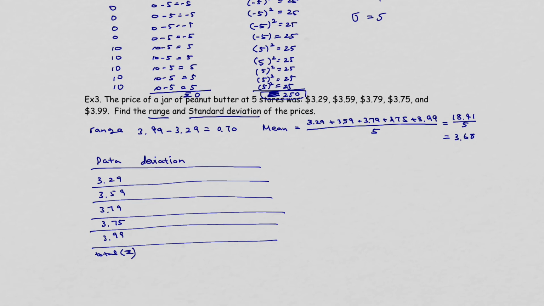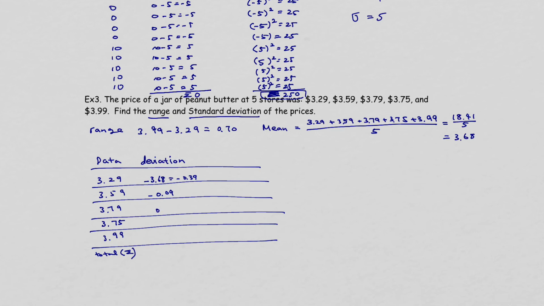How do we find deviations? Data minus mean, right? So that gives you negative 0.39. Data minus mean, you're going to get negative 0.09.